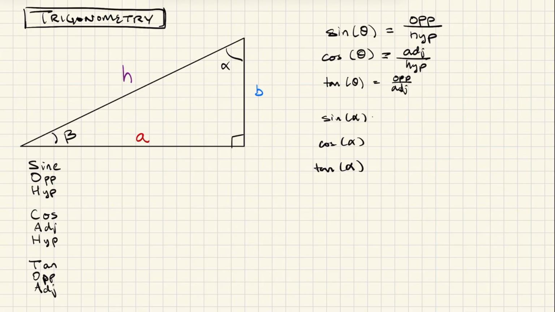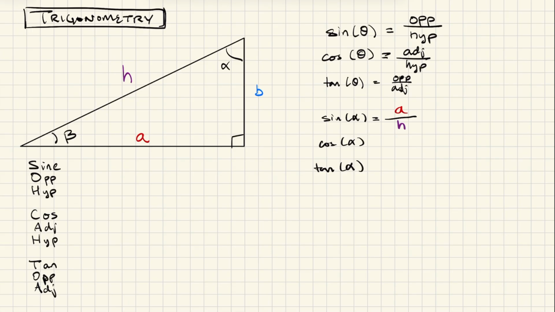And so I know that this is going to relate the opposite side to the angle to the hypotenuse, right? So I know the hypotenuse of this triangle is the longest side, and that's going to be this H here. And if I take a look at alpha, the side of the triangle that's across from it is the side labeled A in red, right? And so then sine of the angle alpha is just going to tell me the ratio between A and H here.